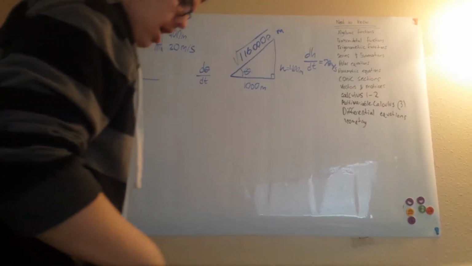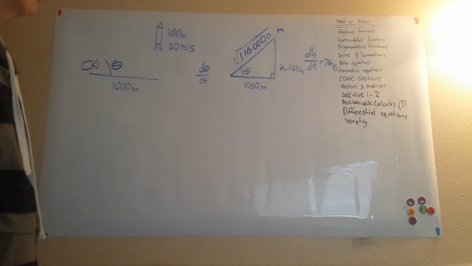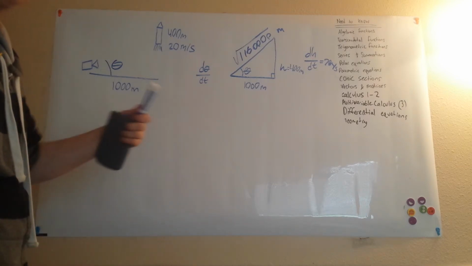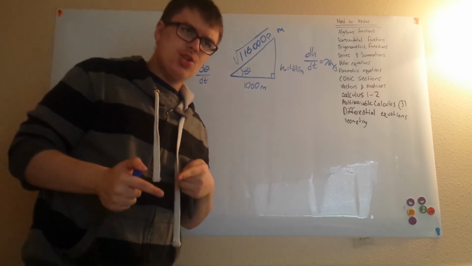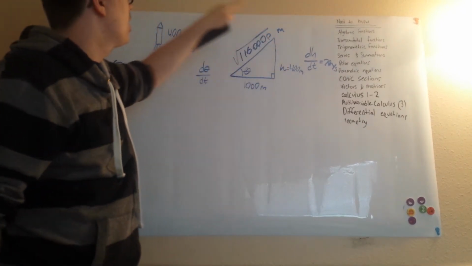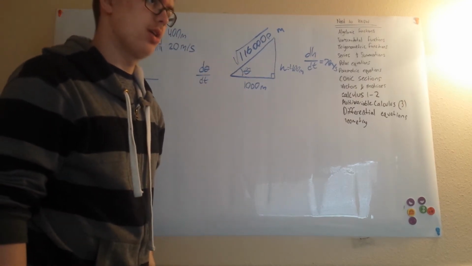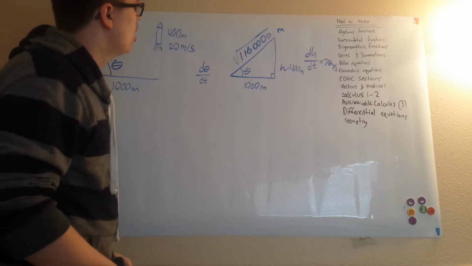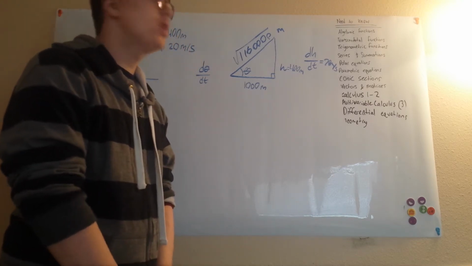So, how fast does my angle have to move to keep up with the rocket? That's going 20 meters per second, and at that time it's 400 meters. Well, what equation relates the height of the rocket and the angle at which I'm looking at the rocket? Well, can't we use the trig ratio?